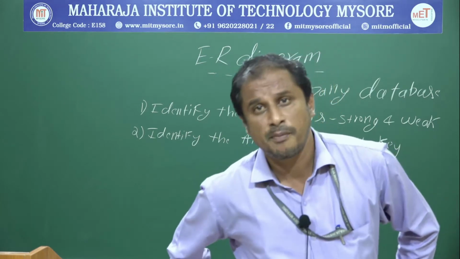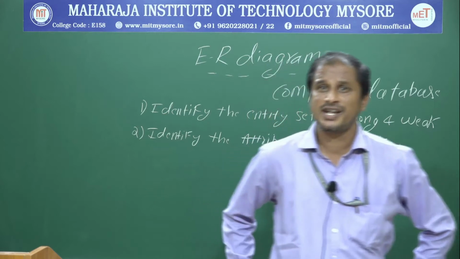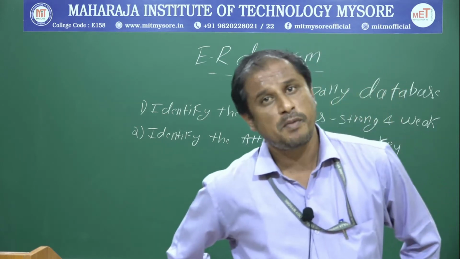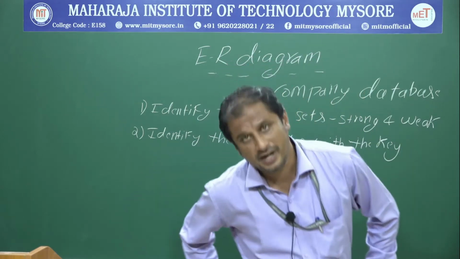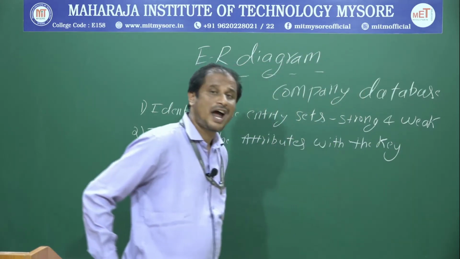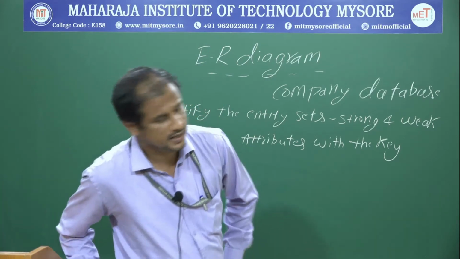Project has project number, project name, and project location. Dependents, a weak entity, has a partial key called dependent name, along with dependent relationship. So these are the attributes identified with keys and the partial key for the weak entity.